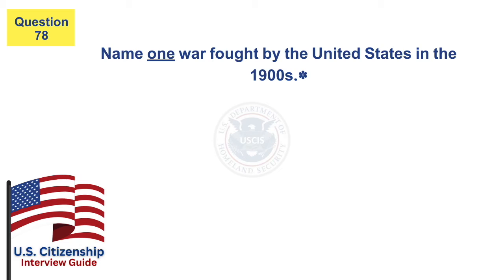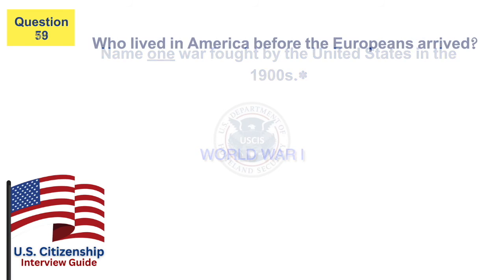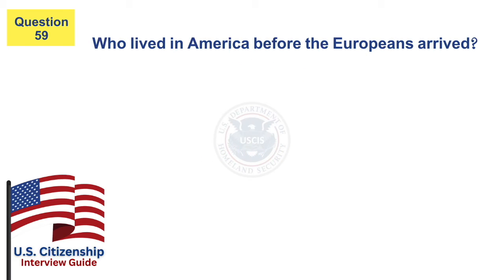Name one war fought by the United States in the 1900s. World War I. Who lived in America before the Europeans arrived?